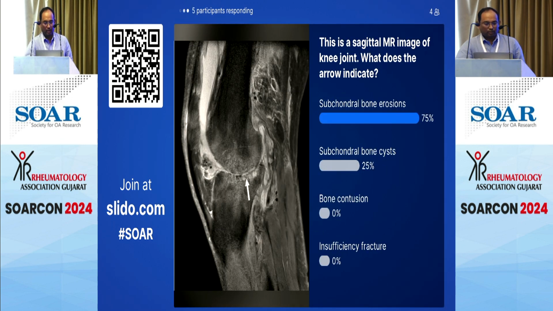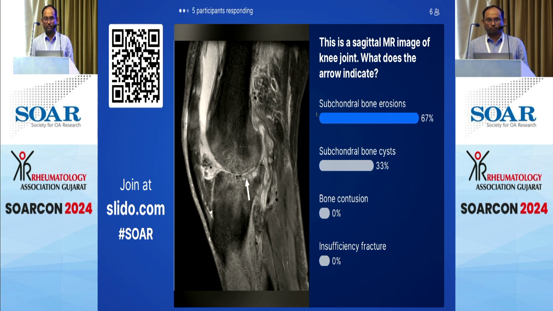So what are we seeing in this subchondral bone? There is complete loss of the articular cartilage, and beneath it we are getting some lesions. These are definitely subchondral lesions, but what are they?